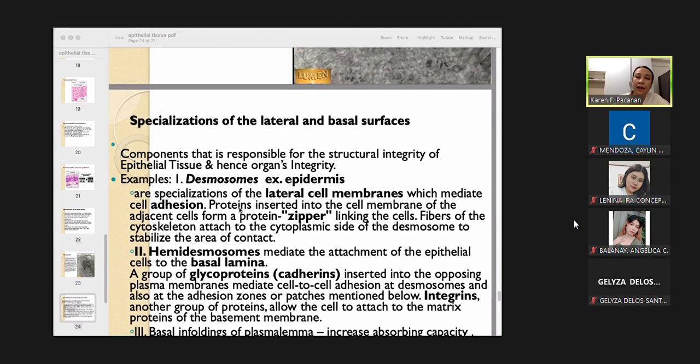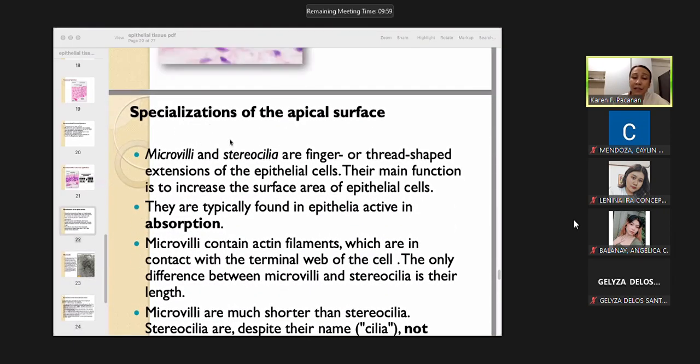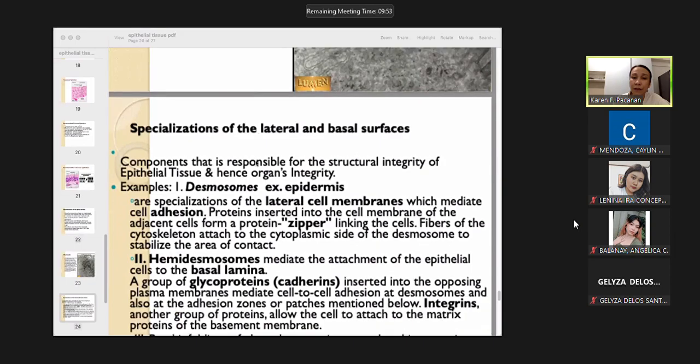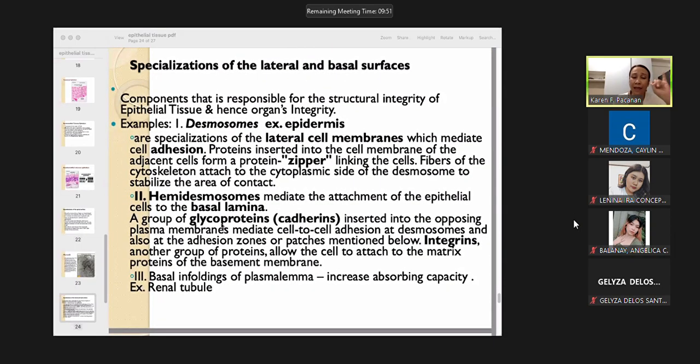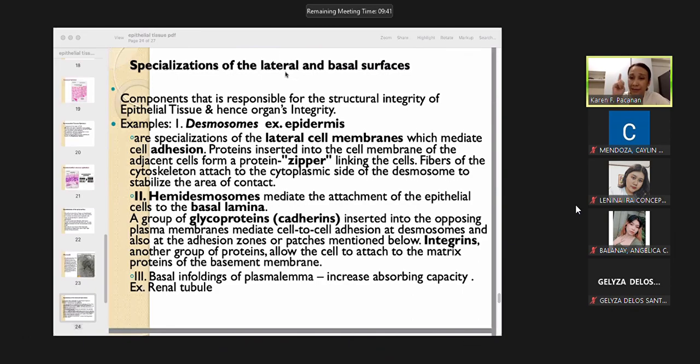Okay? So again, for the apical surface, the examples of specializations are cilia, microvilli, and stereocilia. For the specializations found at the basal surface, we have the hemidesmosomes and basal enfoldings of plasmalemma. So finally, we have the specializations found at the lateral surfaces. In naming this, mag-start tayo sa pinaka-topmost, the one that is nearest the apical surface.